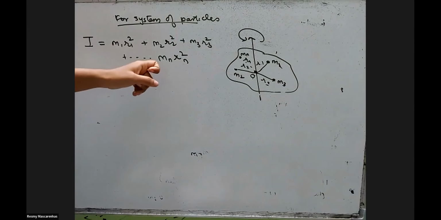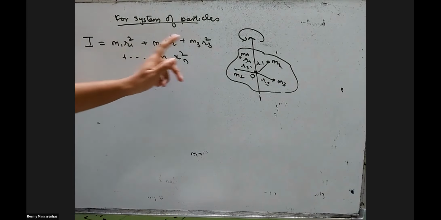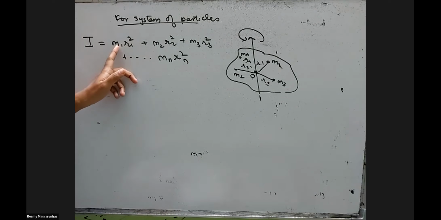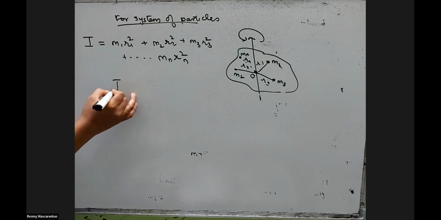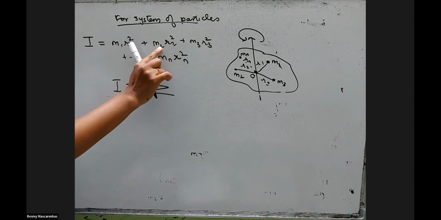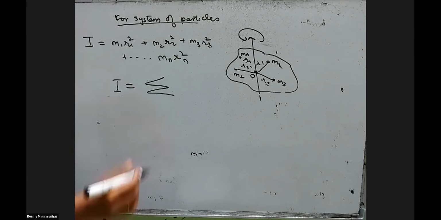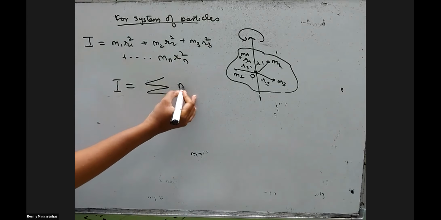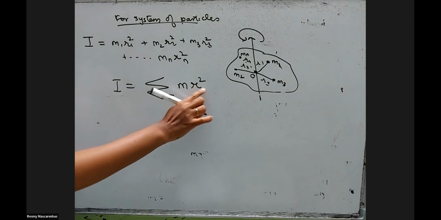So that's why the word sum was there: the sum of the product of the mass and the square of the distance. So in general, what we can write is the summation sign. Only what is changing, these subscript numbers are changing, but m and r square remain the same.